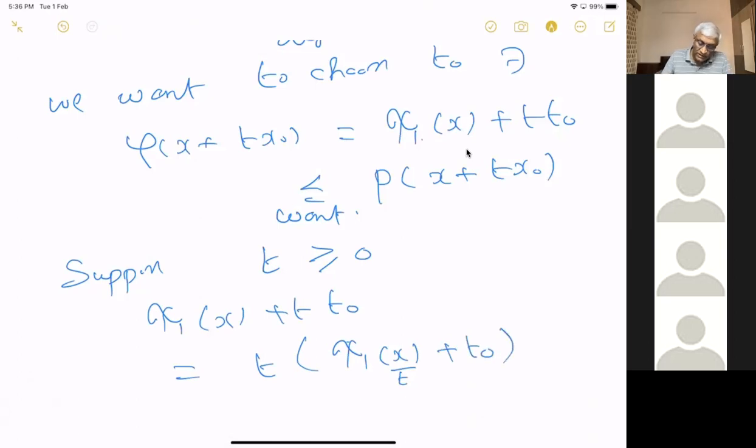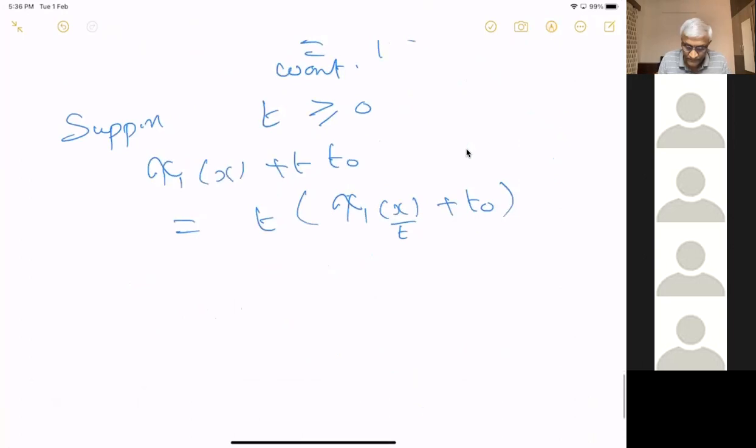We want to choose this t naught. We want this to be less than or equal to p of t times x by t plus t naught. This is what we want.